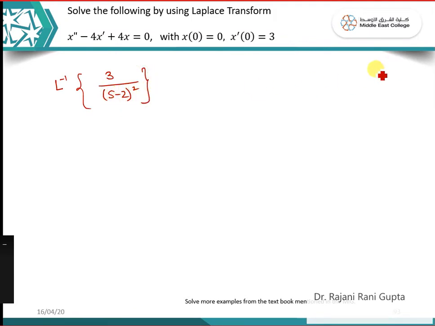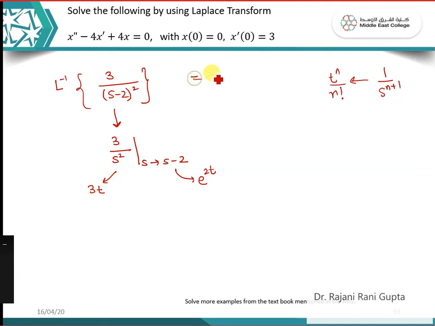So we are going to work on this rule: 1 over s to the power n plus 1 gives you t to the power n over n factorial. So we are going to convert it as 3 over s square, where s is replaced by s minus 2. This gives you e power 2t. This gives you 3t. Hence, the answer is 3t e power 2t.